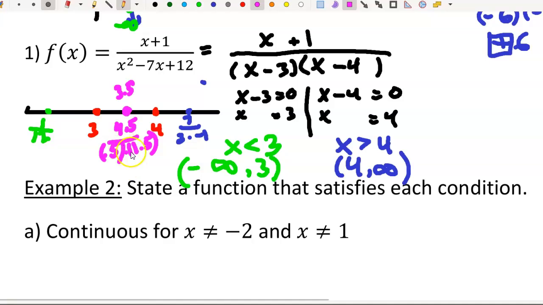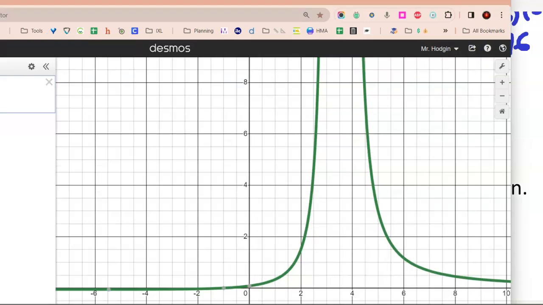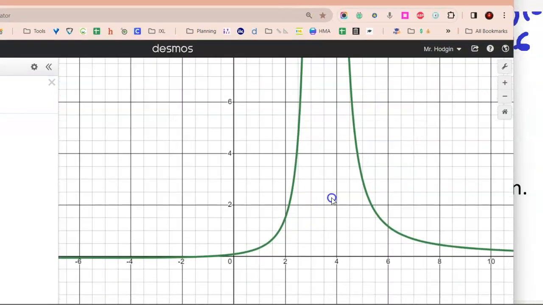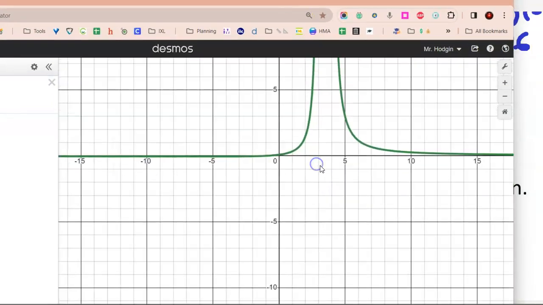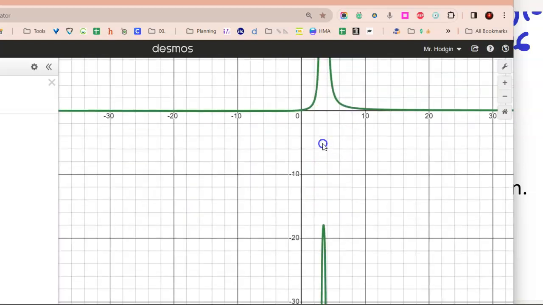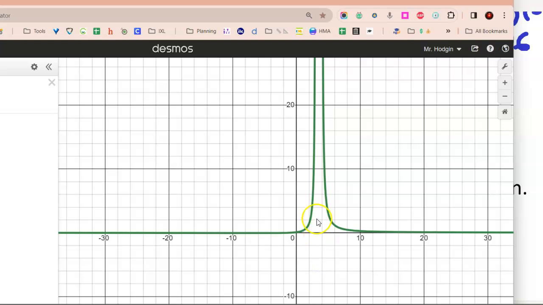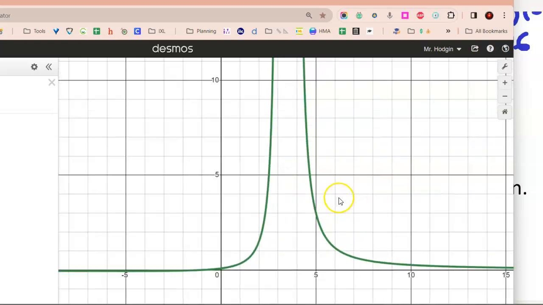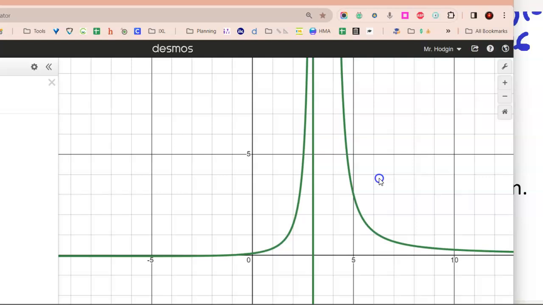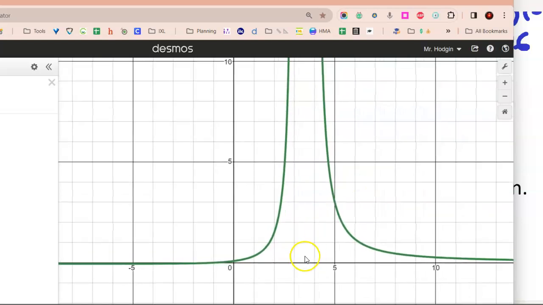There should be a graph for this. Interesting. Go back here. So if you zoom out a little bit, it does exist. So I was getting ready to say, no, there's no answer between 3 and 4. And when I first graphed it, if I'm at the standard zoom that Desmos automatically puts you at, it might appear that way.